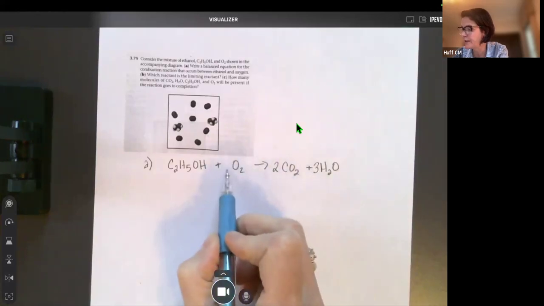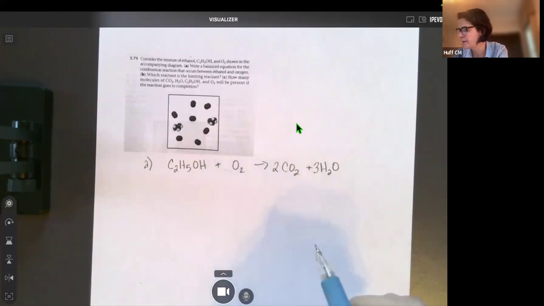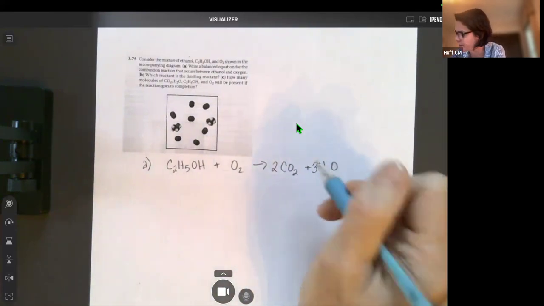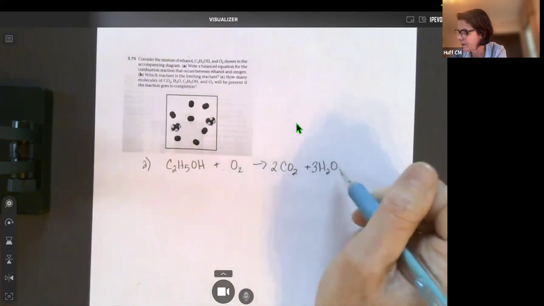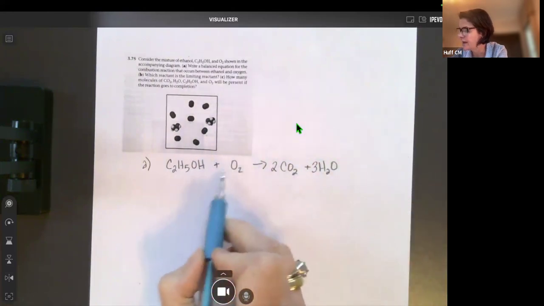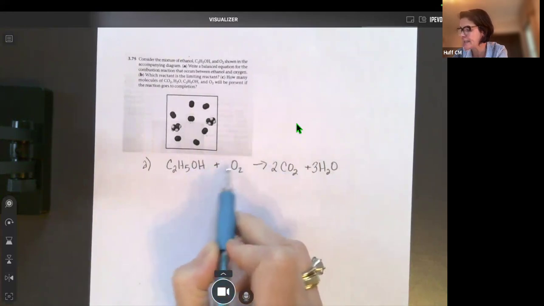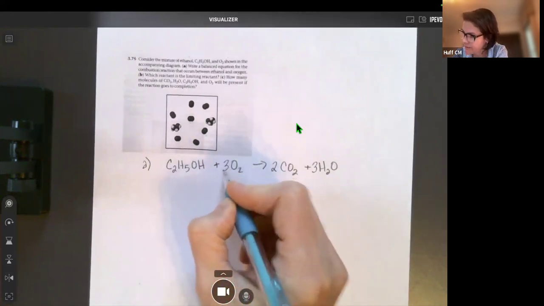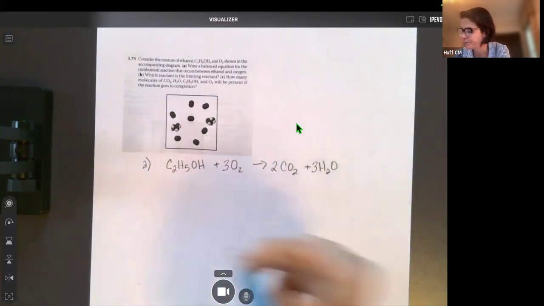Using a coefficient in front of the O2 is helpful because it only affects oxygen, and I can put any number I want there. So I've got 4 plus 3, 7 oxygen over here. The reactants have 1, so I just need 6 more. And I'll solve that with a 3. All right, so there's our balanced equation.